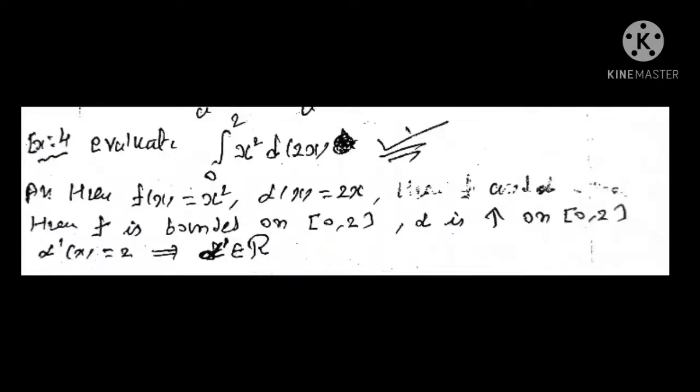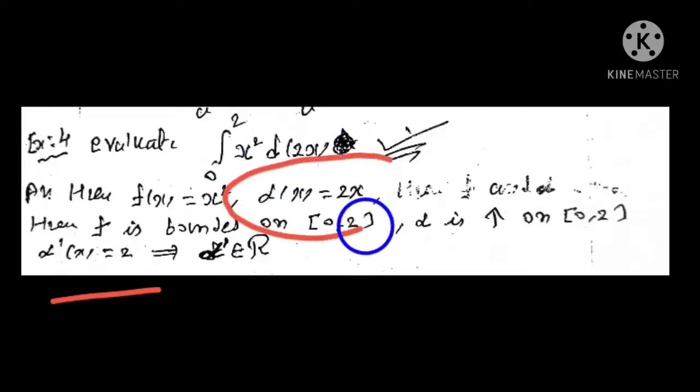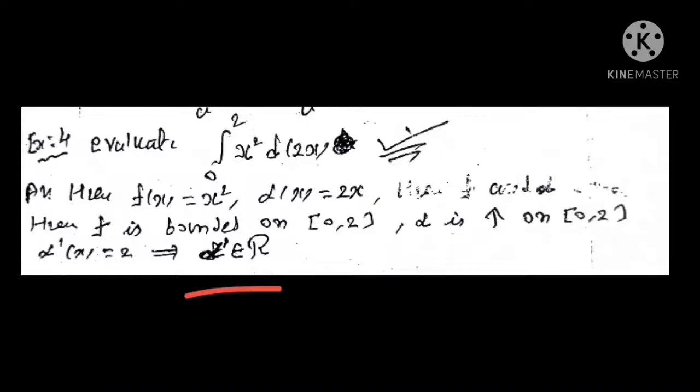Therefore, alpha dash x is equal to 2, which implies alpha dash belongs to the set of all RS integrable functions on closed interval 0 to 2.